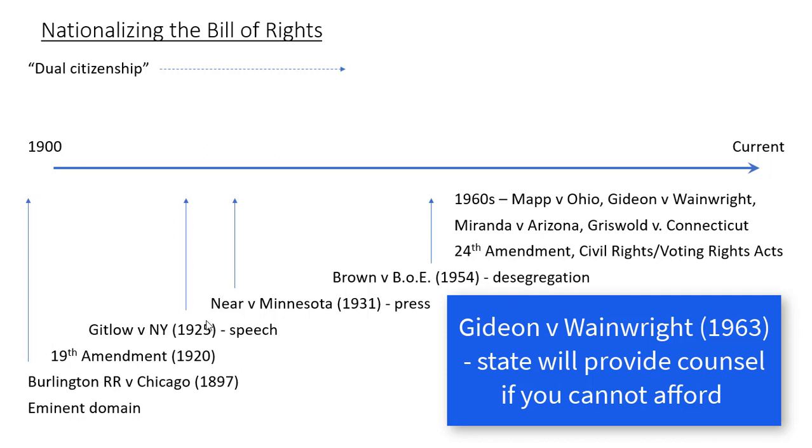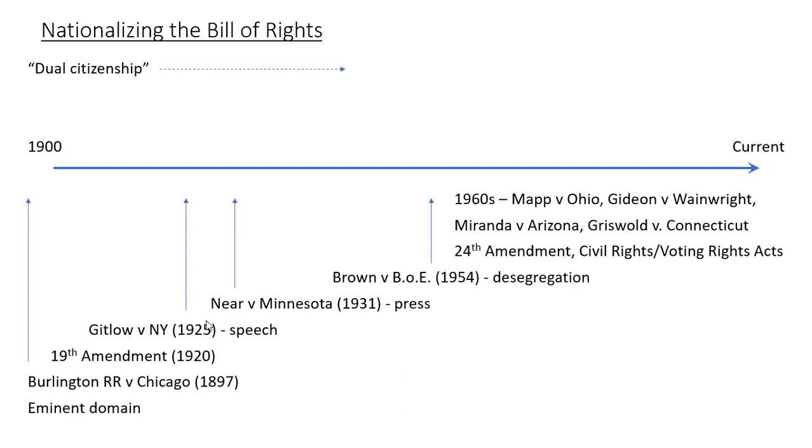So Gideon versus Wainwright said, okay, all states, you cannot deprive anyone of the right to a speedy and public trial by an impartial jury or assistance of counsel, and you will also provide one if they cannot afford it. That takes care of that issue regardless of what's in that state's constitution. Now they all have to comply with that.